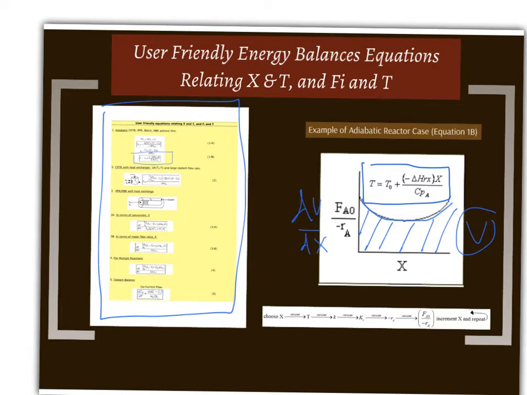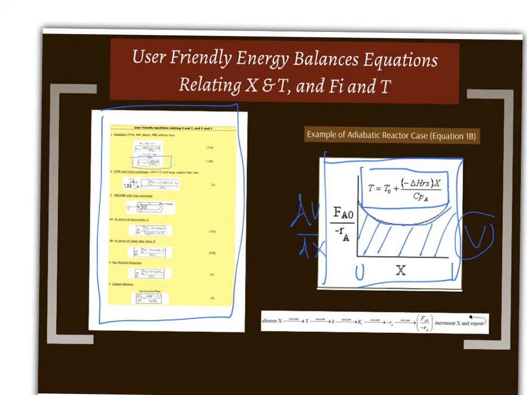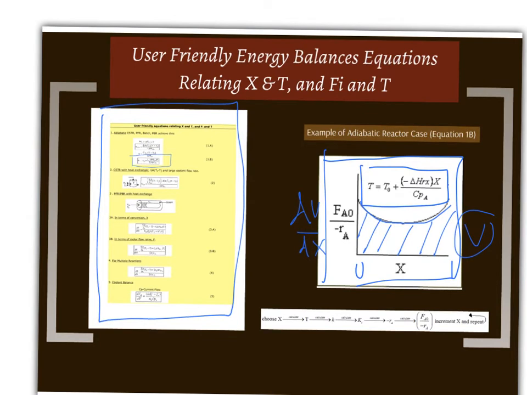So in order for us to plot this particular graph, there are steps that we can do. First we choose what would be our X, for example from 0 to 1. So we start with X equals 0, put it here, then we'll get this equals 0, this will equal 0, and then you get T equals T0.